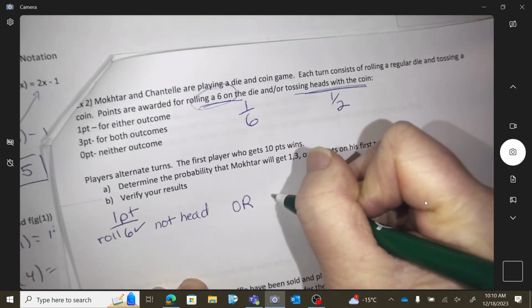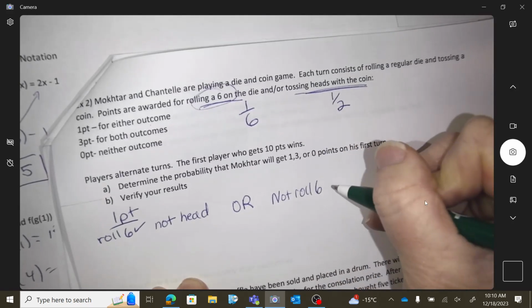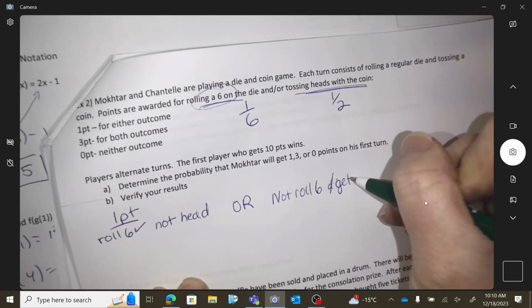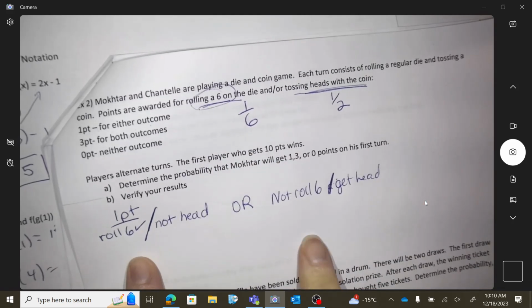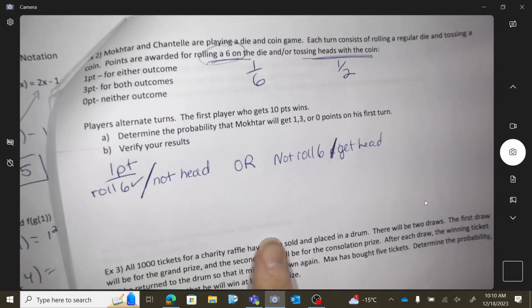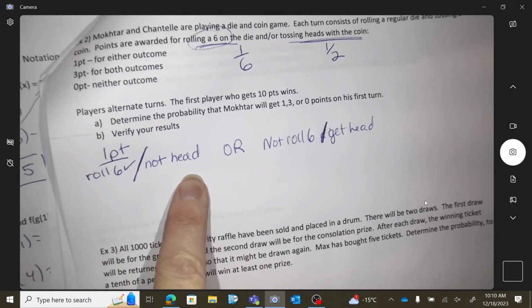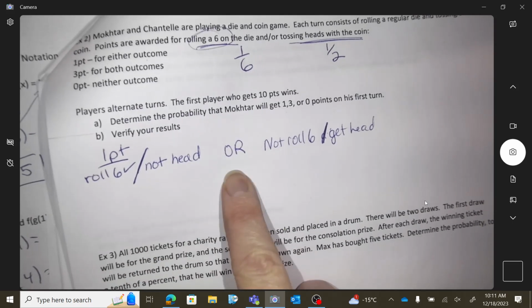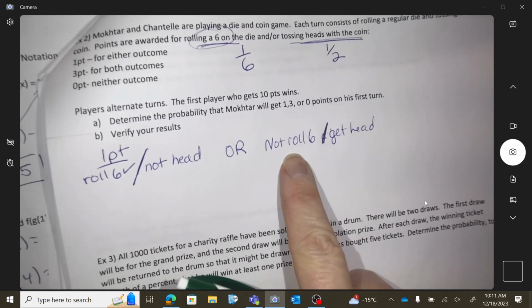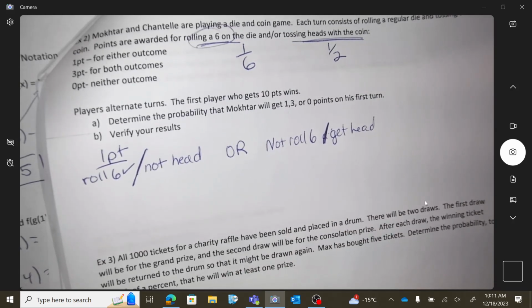Or, to get 1 point, you're going to roll the 6, but then you get a tail because one of the events had to happen. Or the other way around would be that you didn't roll the 6, but you got the head. That's how you can get 1 point in the game, right?